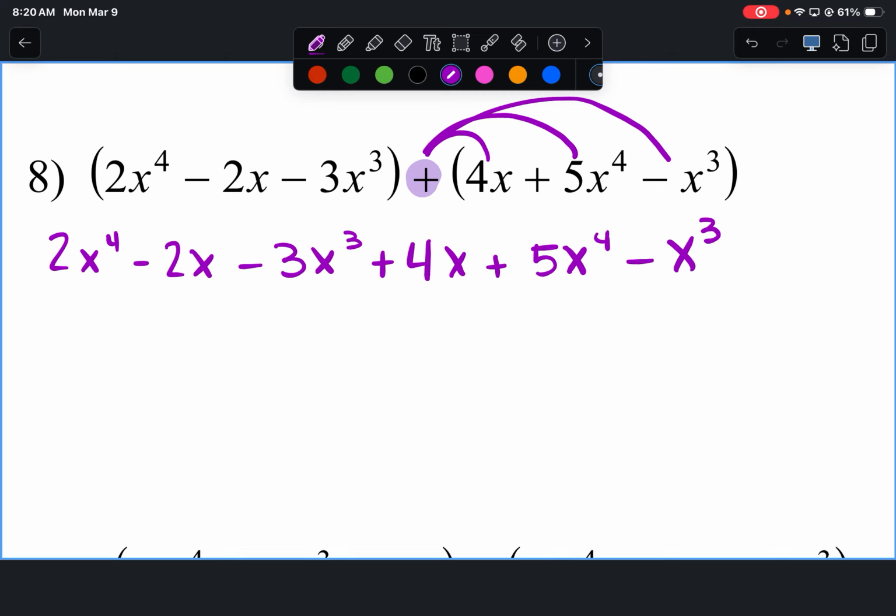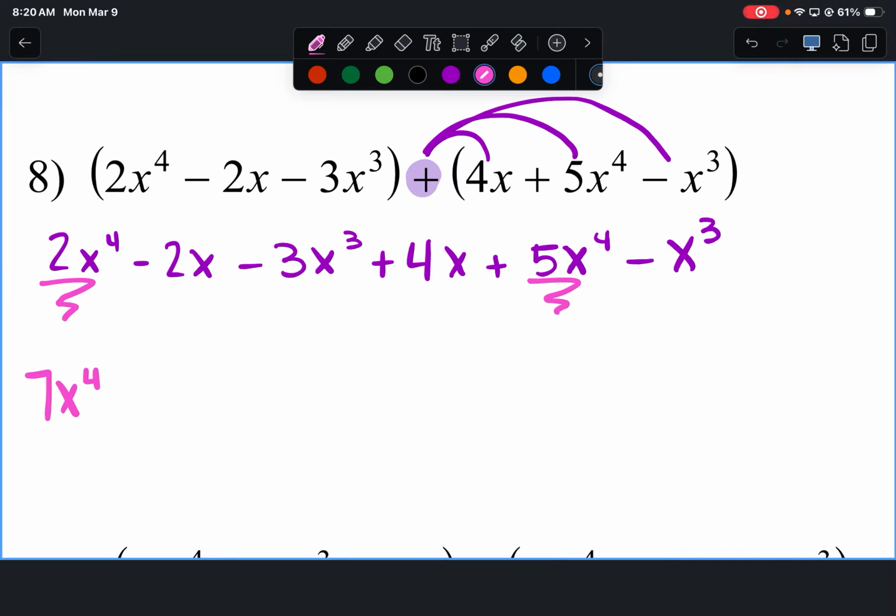Which term with what exponent needs to go first? X to the 4th. What like terms do we have with x to the 4th? 2x, 5x. If I combine those, what do we get? 7x to the 4th.